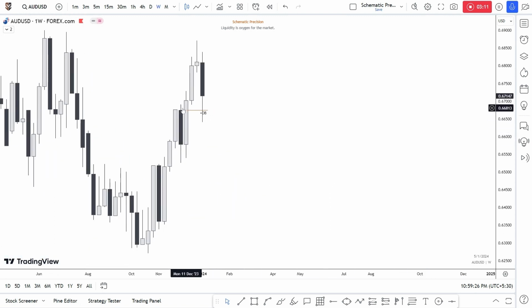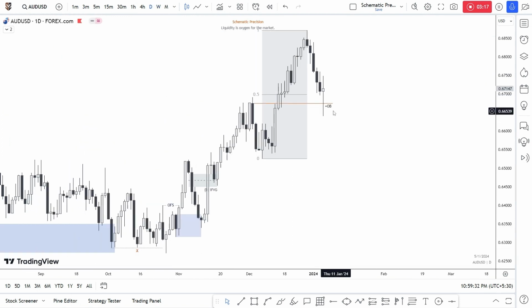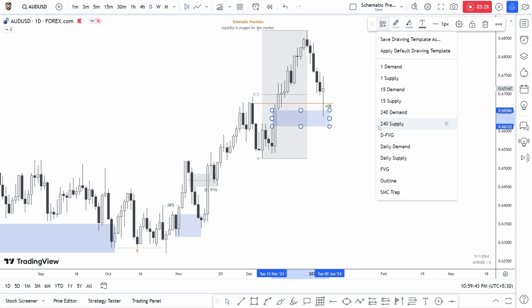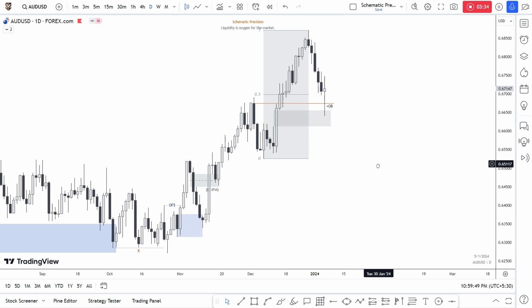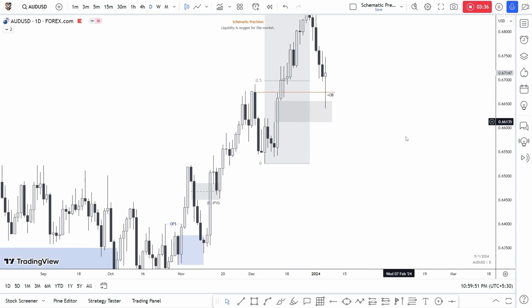Yeah. So from weekly we have mitigated the order block. On daily we have shown some rejection from that, and with that we have filled this fair value gap as well.